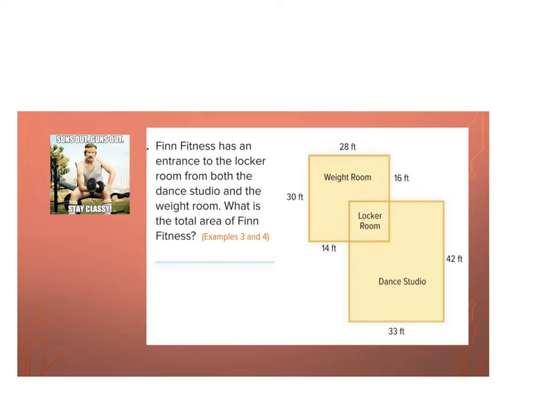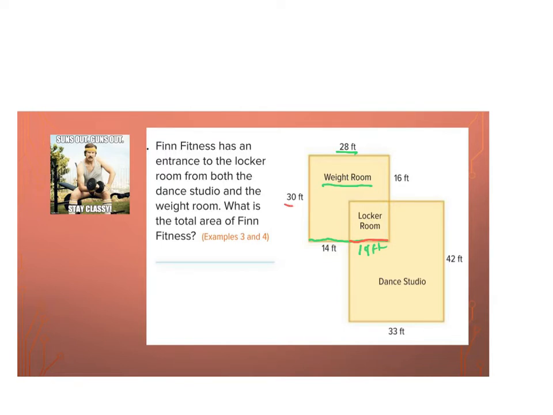Alright, so hopefully you saw that this is going to be a square. The weight room is a square. So if this is 28 feet, then this whole line down here has to be 28. So 28 minus 14 is 14 feet. So this little locker room segment, let me try to use it in red, is 14 feet.